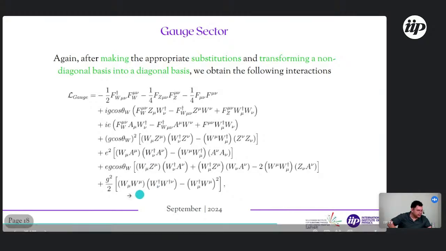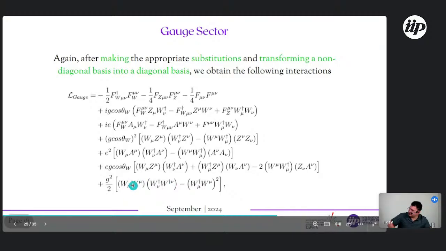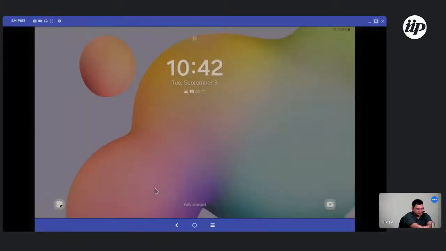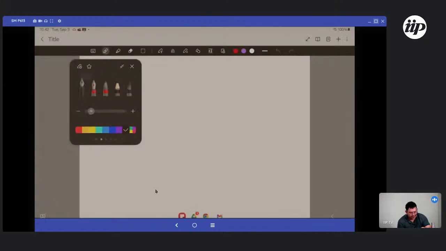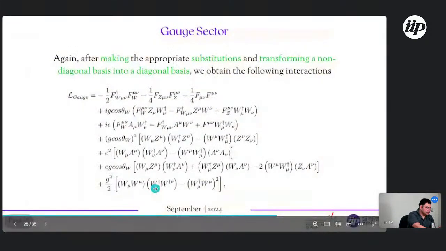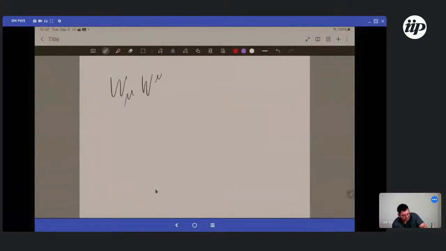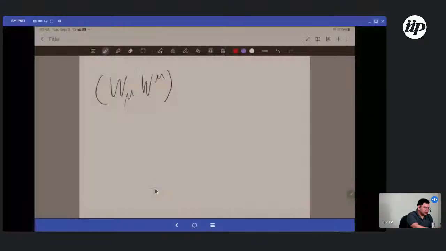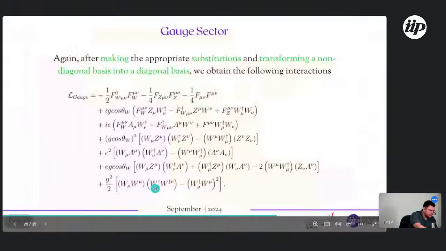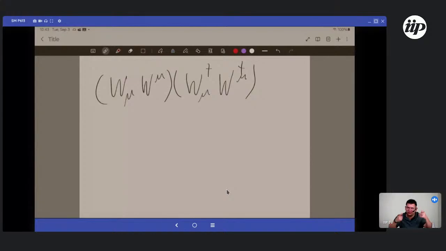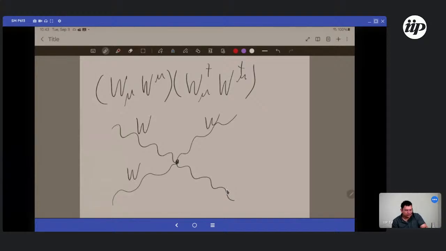For example, we have here a term with four Ws. After doing some steps, the interpretation is basically the interaction, the Feynman diagram, between four W bosons.